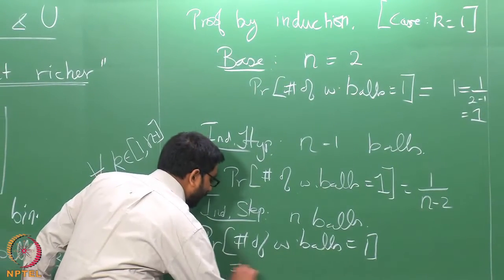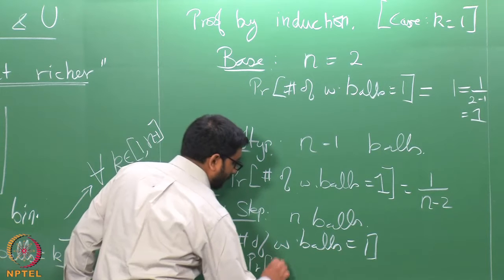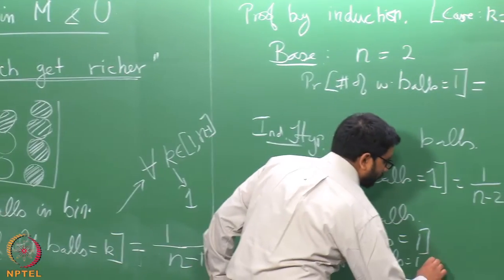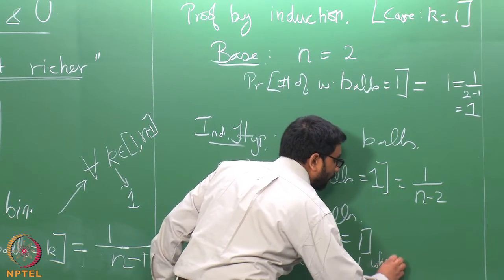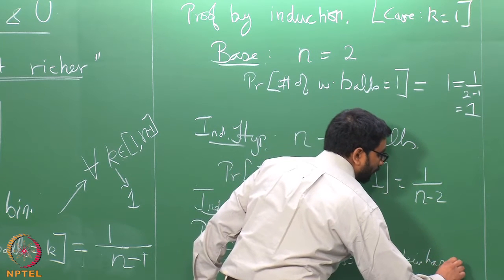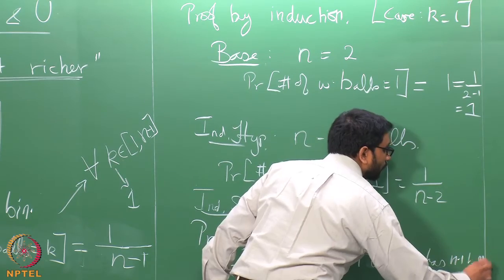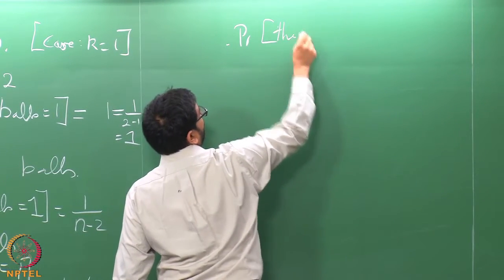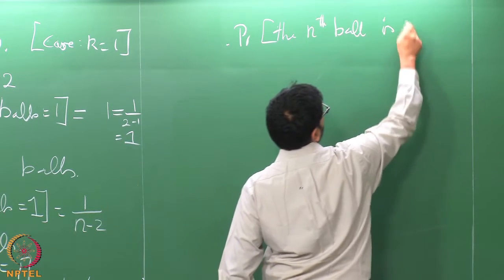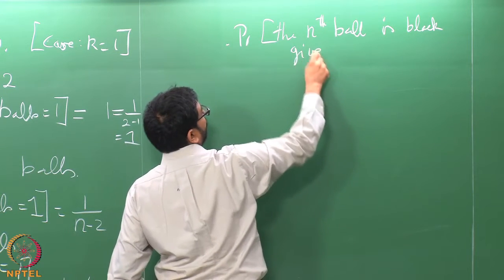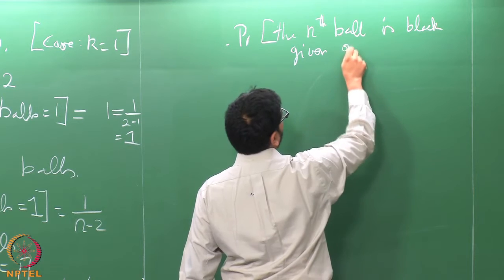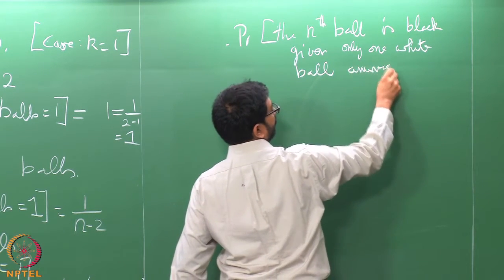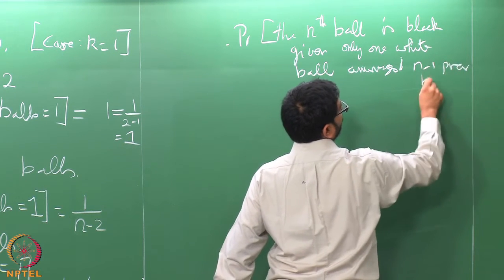So, this probability equals the probability that the number of white balls equals 1 when the bin has n minus 1 balls, times the probability that the nth ball is black, given only one white ball amongst n minus 1 previous balls.